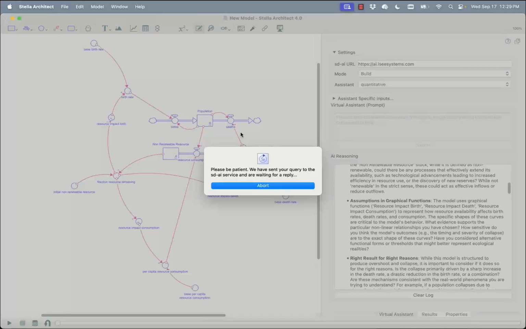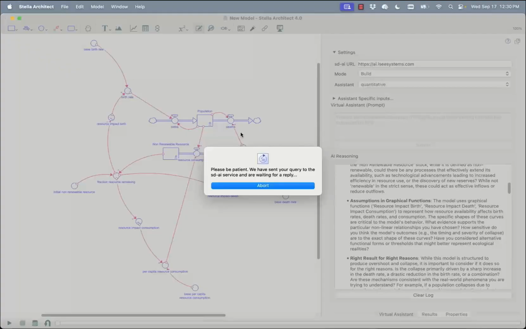The other thing it might do is change the shape of the graphical function on the resource impact consumption to be a little bit more stringent to limit the amount of consumption when the non-renewable resource gets lower. But we'll have to wait and see.